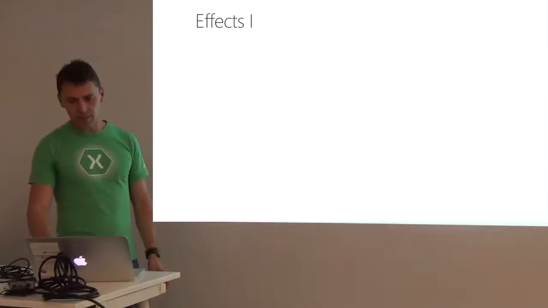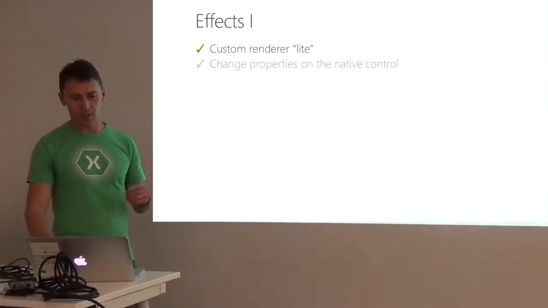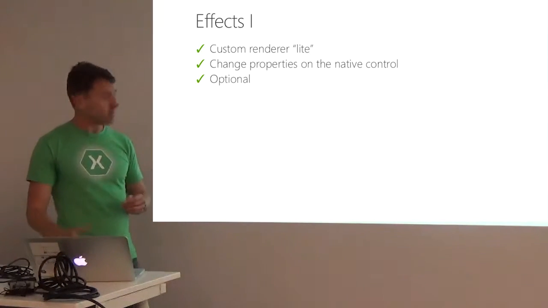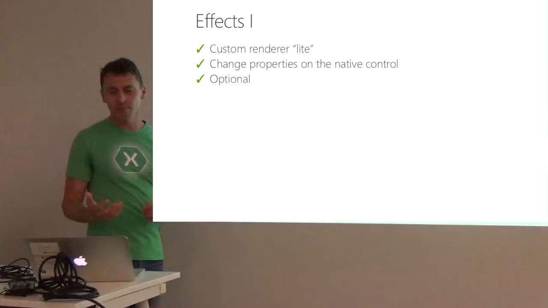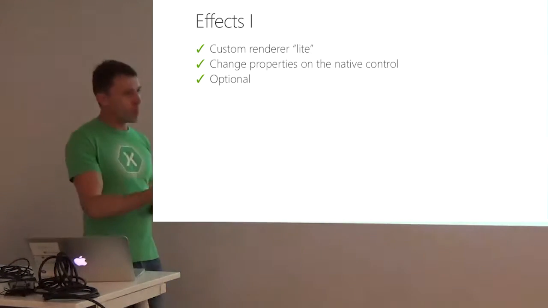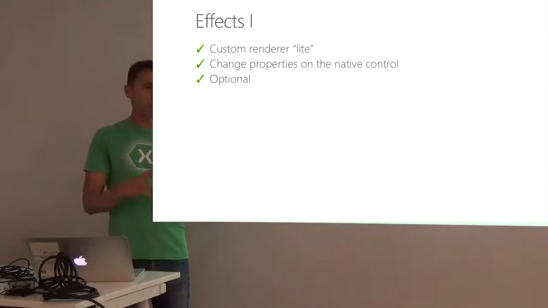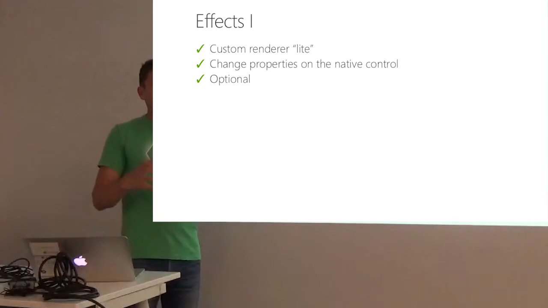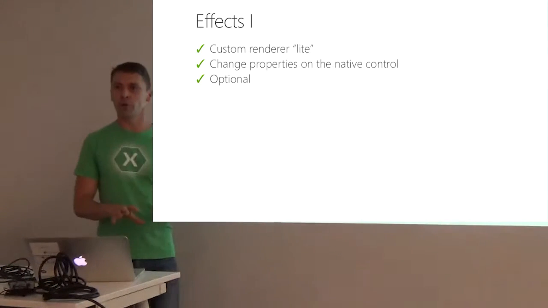And so lastly for this release, or for this section, I want to talk about effects. So effects are like custom renderer light. So for the people that aren't that familiar with Xamarin.Forms, a custom renderer is effectively letting you build a renderer exactly like what the actual underlying framework does.